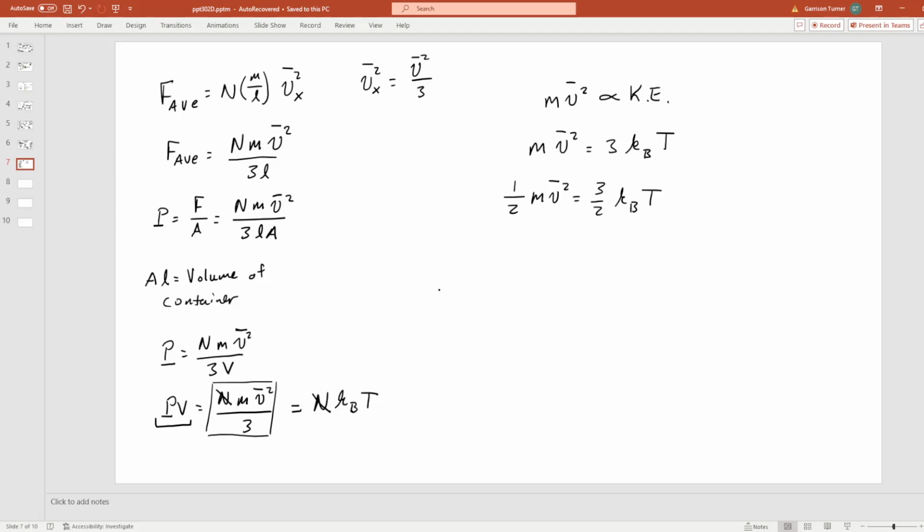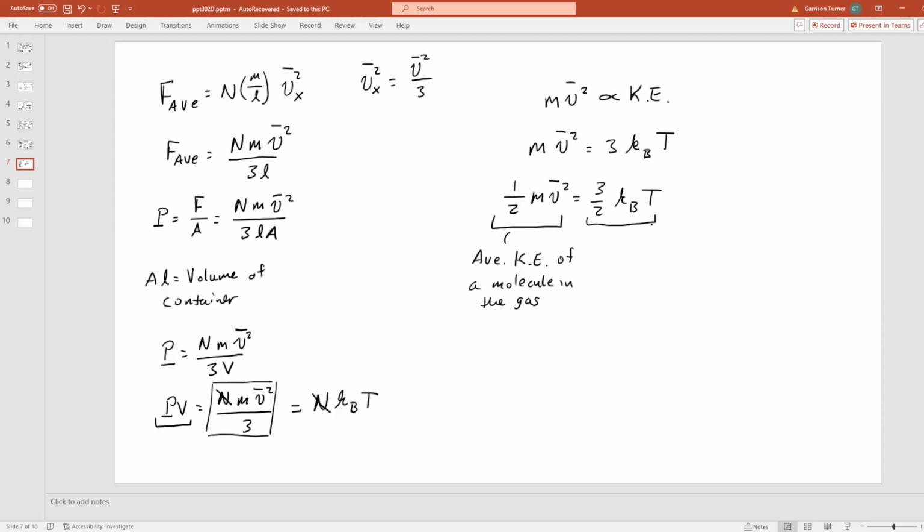So the left-hand side represents the average kinetic energy of a molecule in your gas. Therefore, by the equal sign, this is what must be the average kinetic energy of a molecule in your gas as well.